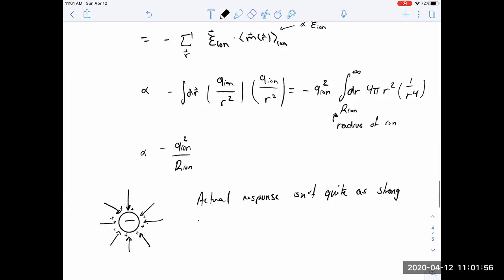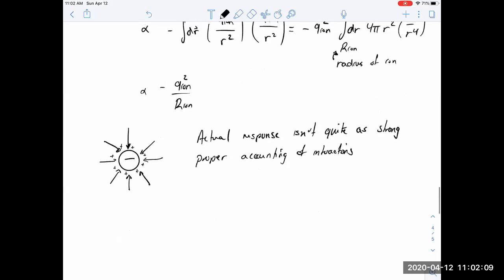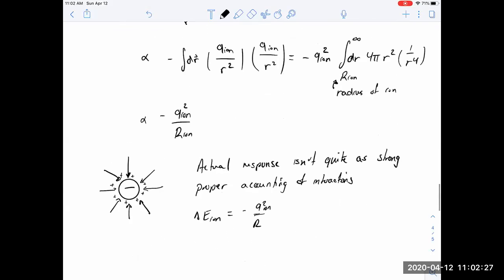And if you do a proper accounting of those interactions, which you could go read about in electrostatics textbooks, what you'd find is that there's a constant of proportionality, which is something necessarily less than 1, which makes this Q solvation an equality.